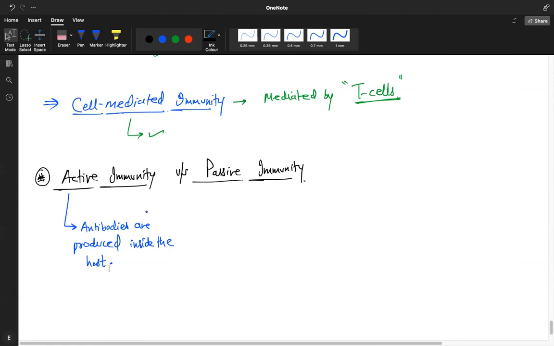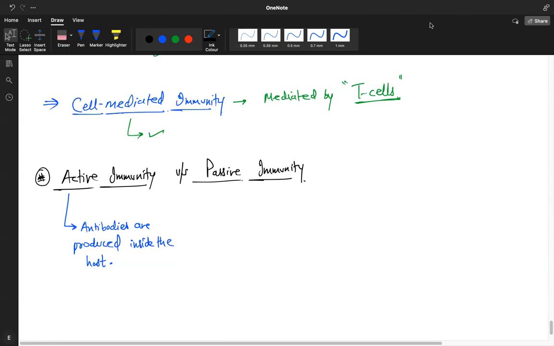Now, when we give a weakened virus, we are just giving a dummy, a real looking model. It's like I train you to fight with a dummy gorilla before putting you in a gorilla cage. So you might learn some things through that fake encounter. It's called a fake encounter. We are trying to generate a fake encounter in the body.